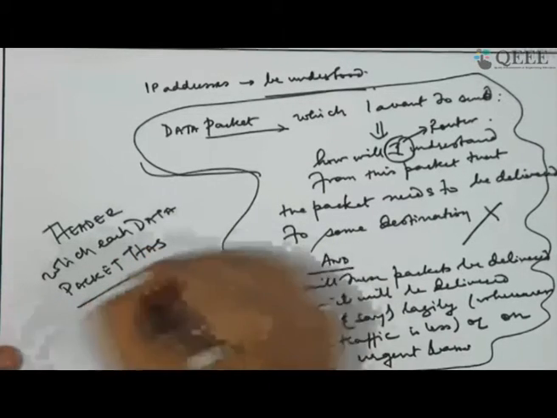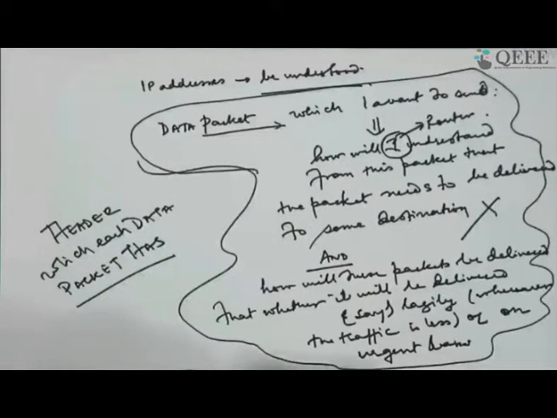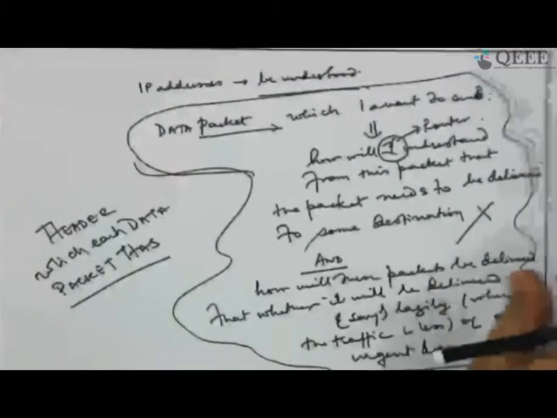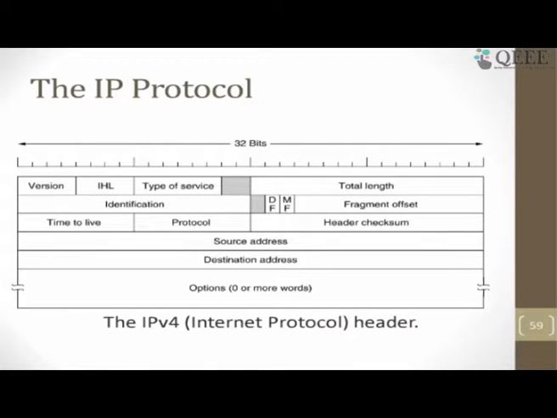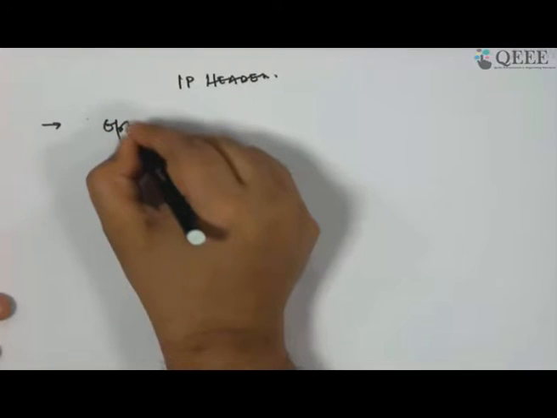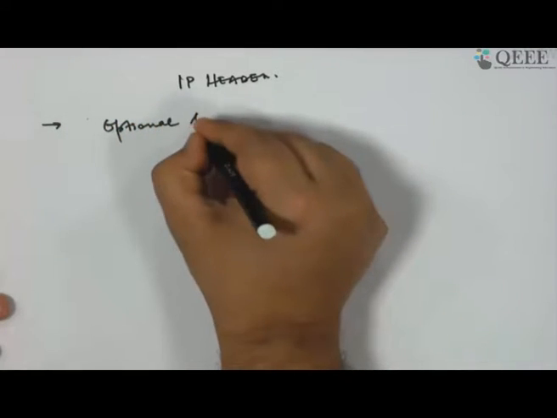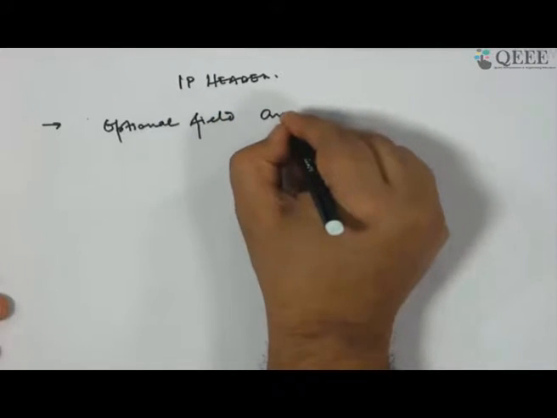Now we will talk about this header, which each data packet has, and let us now talk a bit about it. So if I see the IP header, how does the IP header look? The IP header has various fields, various optional fields and compulsory fields.